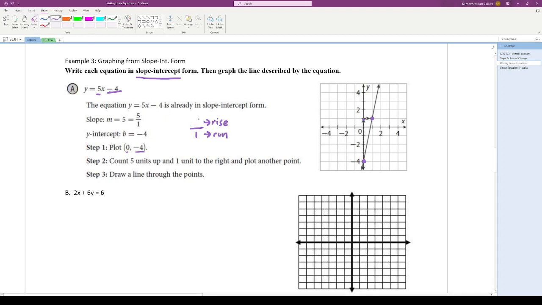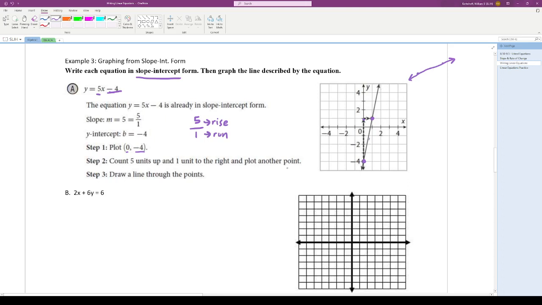Okay, so we found our next point at (1, 1) right here. And once we have 2 points, we can line up a straight edge, like a ruler, between them and draw a line. If you have any 2 points in space, there's only ever one line that can connect them. So there's only one way to draw a straight line that connects any 2 points.